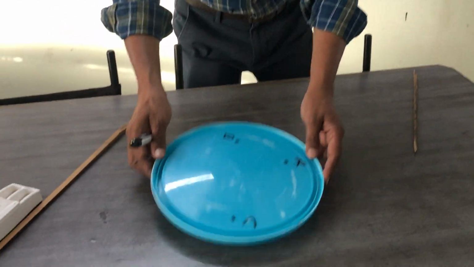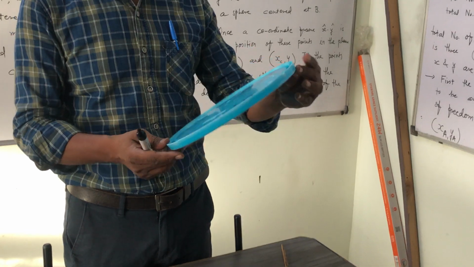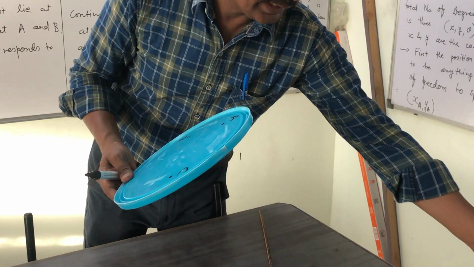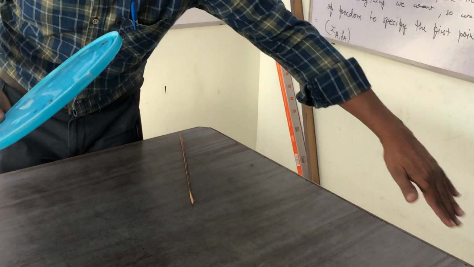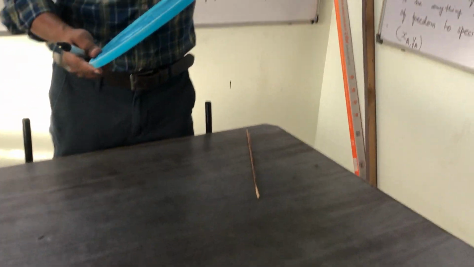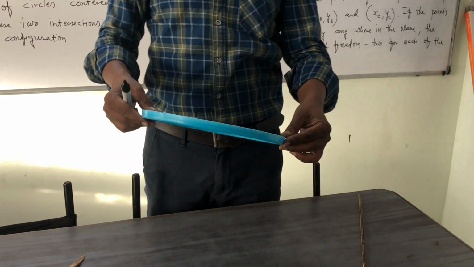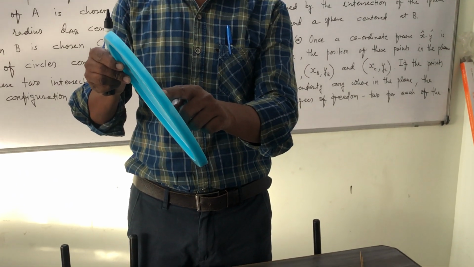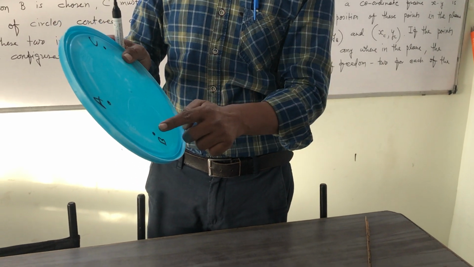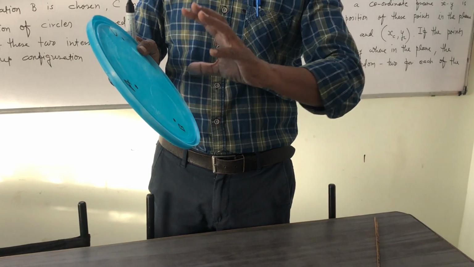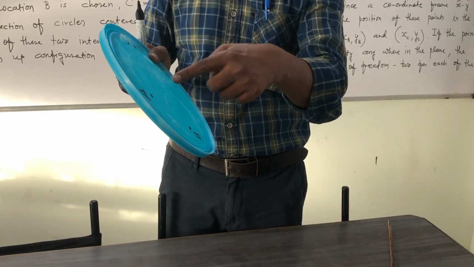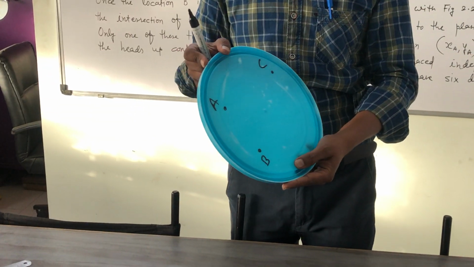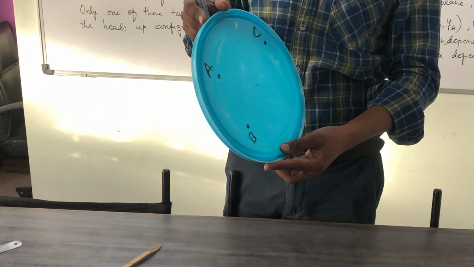This way, suppose we want to define the position and orientation of the coin in 3D space. This one is the x axis, this one is the y axis, and this one is the z axis. Then we can fix the first point A at any point xa, ya, za. Then B must lie on the spherical surface of radius DAB centered at A. And for this spherical surface, we require 2 coordinates, longitude and latitude.